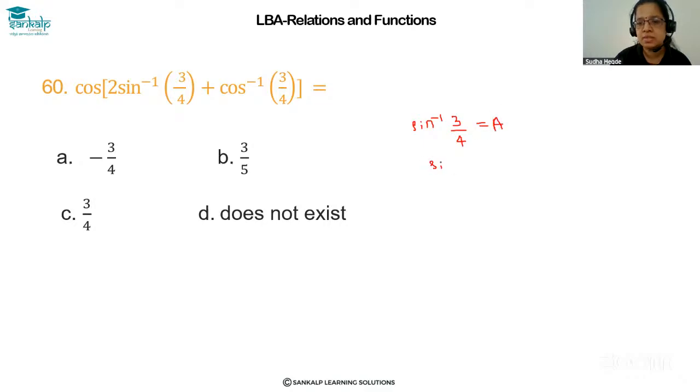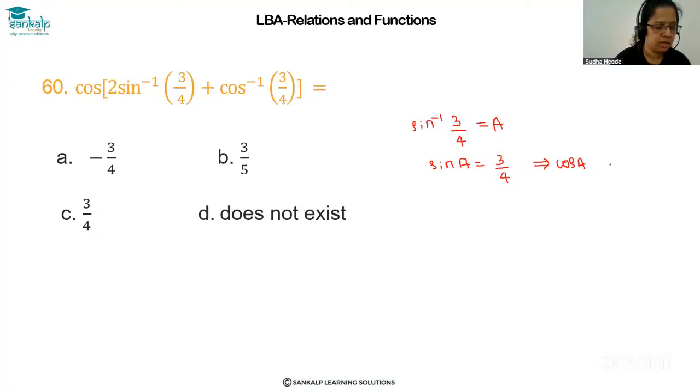Implies sin A is equal to 3 by 4. Correct? That implies cos A is equal to, many times you have used this one.